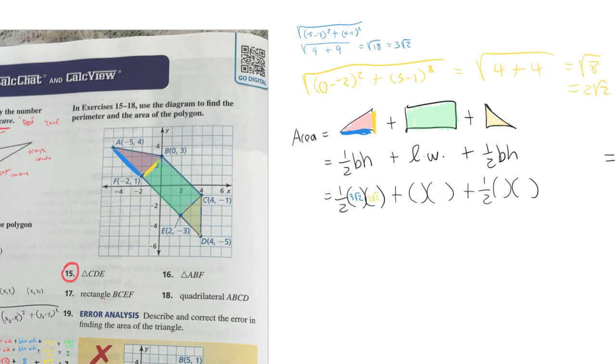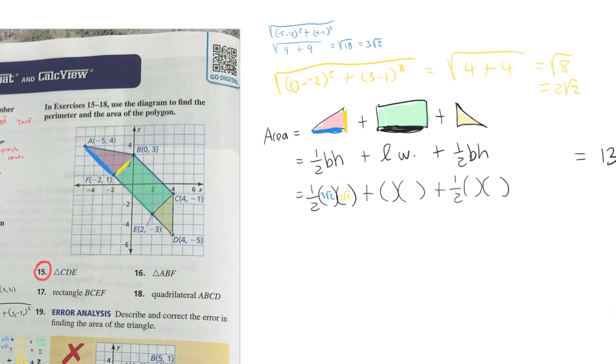Okay. Now with regards to the green rectangle, we have the base, which is this black thing right here. And that's going to be a distance formula scenario.